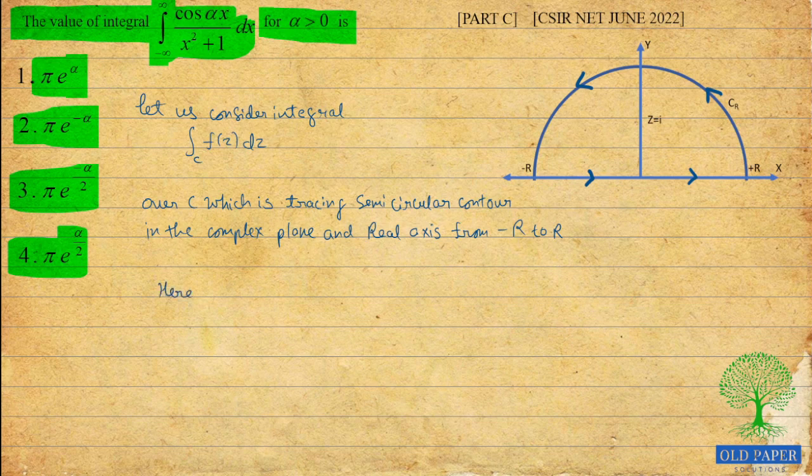Here f of z is equal to e to the power i alpha z upon z square plus 1.